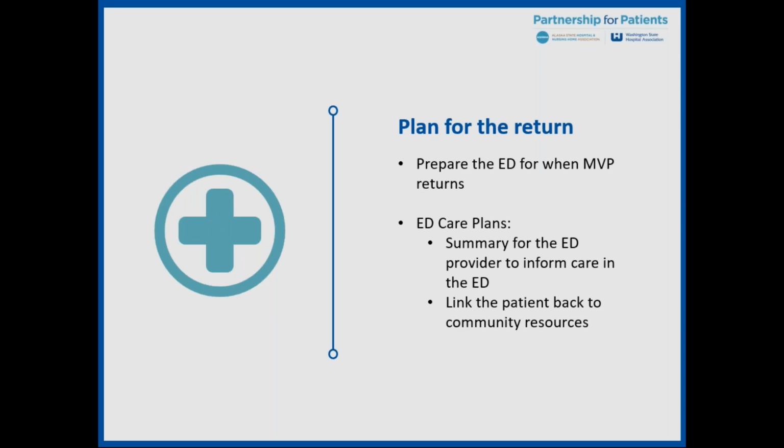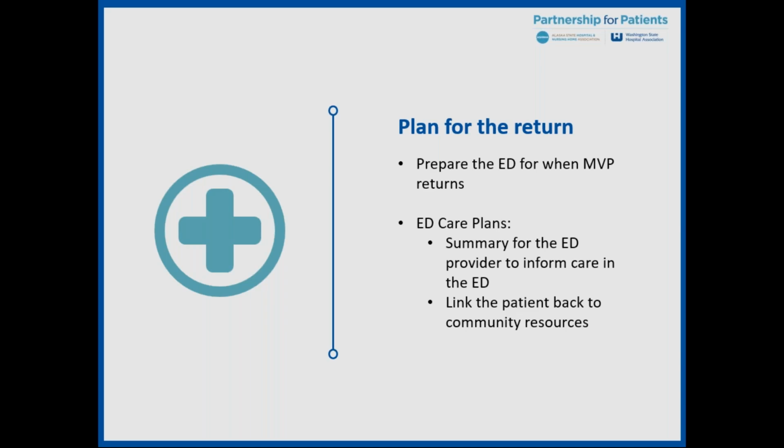And then finally, we need to plan for their return. These patients have learned that they can come to the hospital to have their basic physiological needs met, and that's going to take some time to slow down their return. So we want to prepare the emergency department for when they come back in. Now, if the patient returns with a medical necessity, needs to be admitted because they are truly sick, we will still admit them to the hospital.